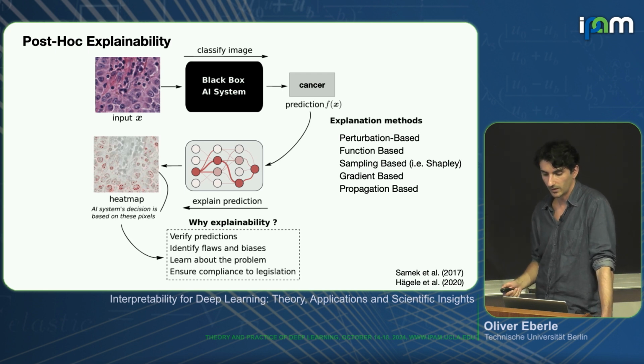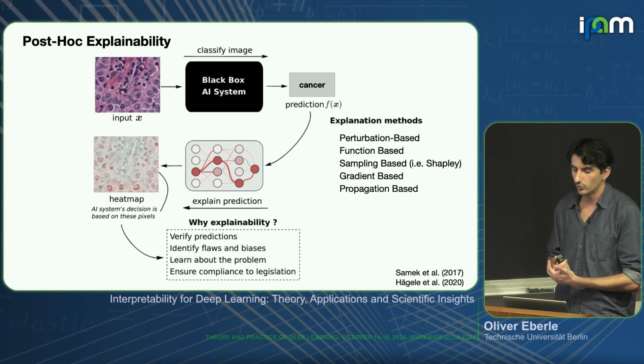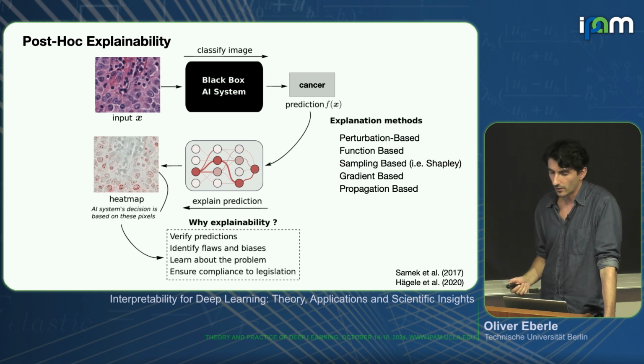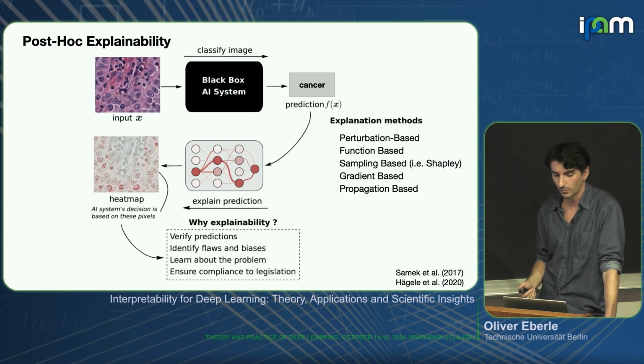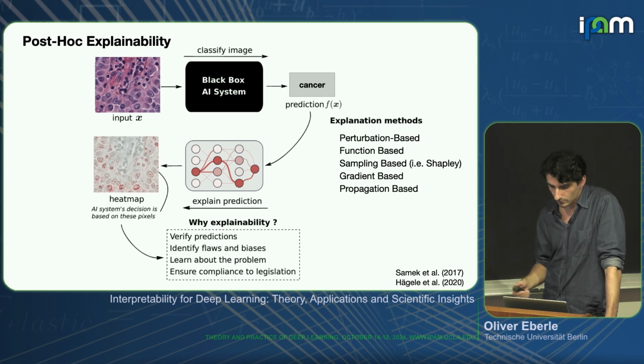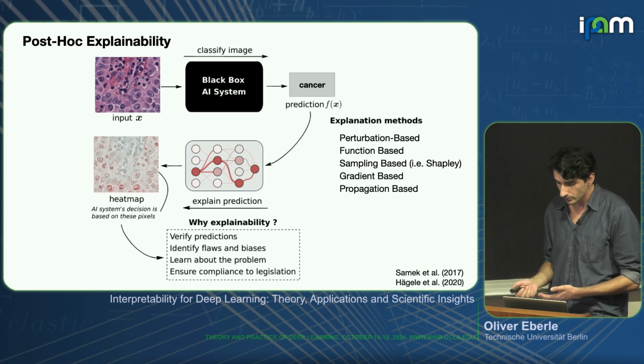I think we heard about this in game solving, like in AlphaGo, for example, that the memory capabilities of these models are so much better than any human capability that it can exploit different strategies. That's of interest. Also, more and more it becomes a necessity to comply with legislation and requirements. For example, certain AI acts have been put in place by now, and these often require that you disclose the underlying mechanism that a system uses to make a prediction.